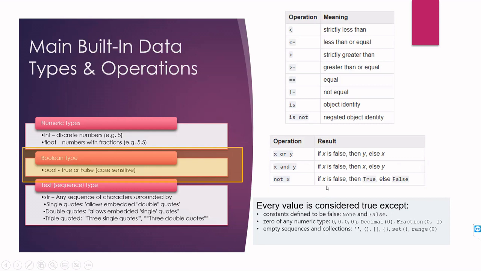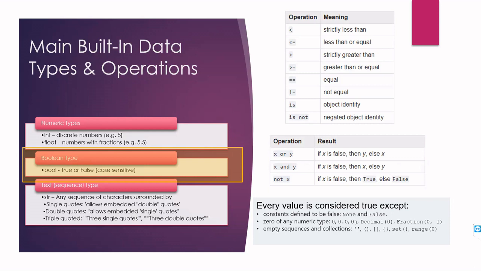Now here's something similar to what you might be familiar with. Everything is considered true except for 0, false, or None. So anything that is equivalent to 0 according to the type is considered false. The false itself obviously is false, and the None is considered false.